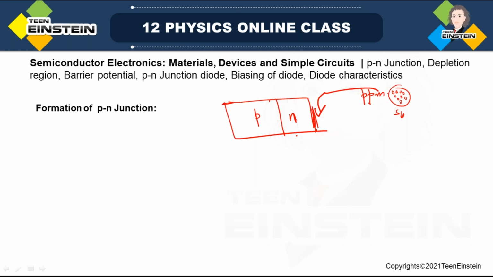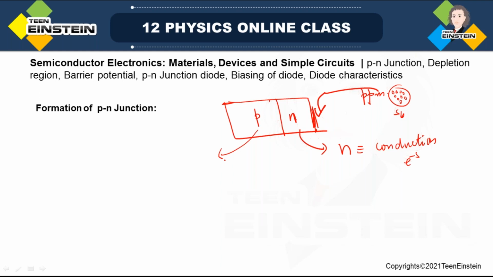Now suppose the original semiconductor was a highly doped P type semiconductor. That means you have a very great hole concentration in the P region, and the N region also will have a great number of conduction electrons.